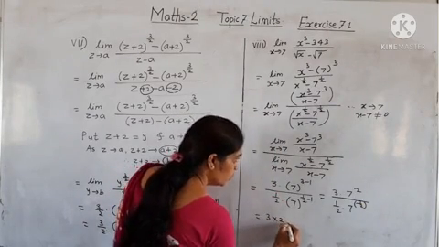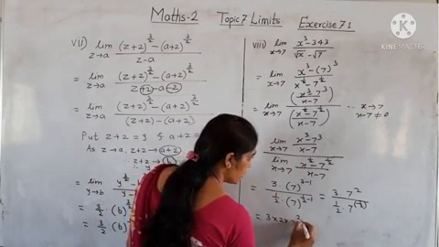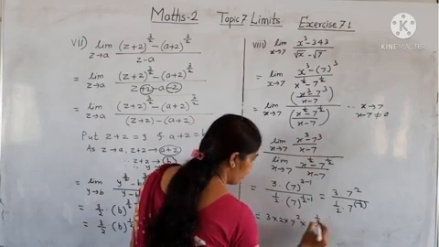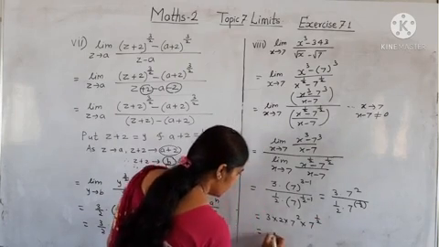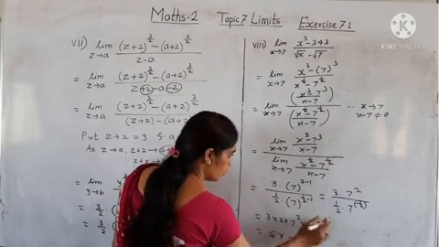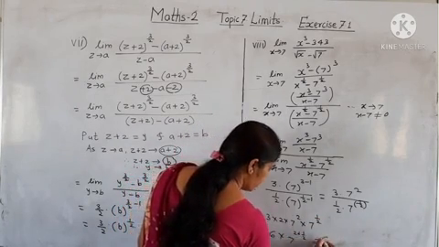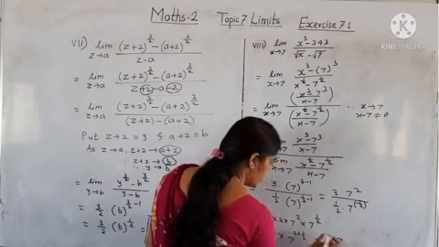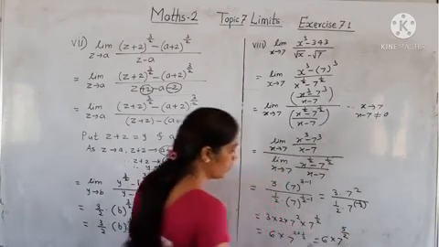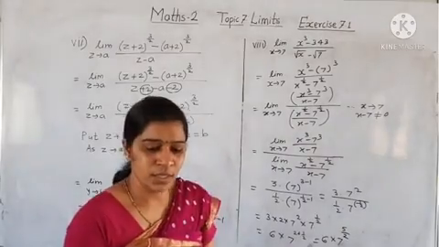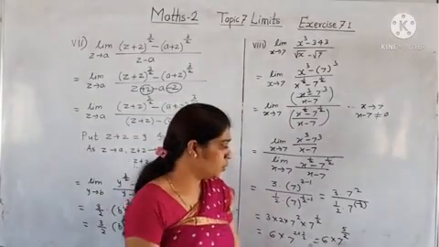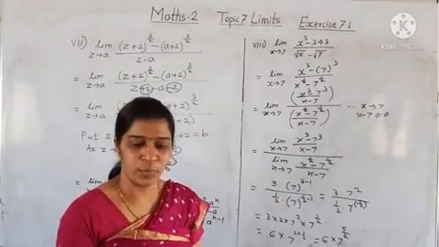That is 3 into 2 into 7 square into 7 raised to half, that is 6 into 7 raised to 2 plus half, which is equal to 6 into 7 raised to 5 upon 2. That is, the answer is 6 into 7 raised to 5 upon 2.